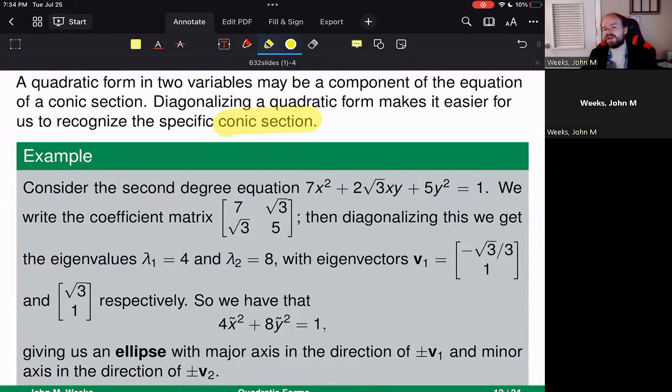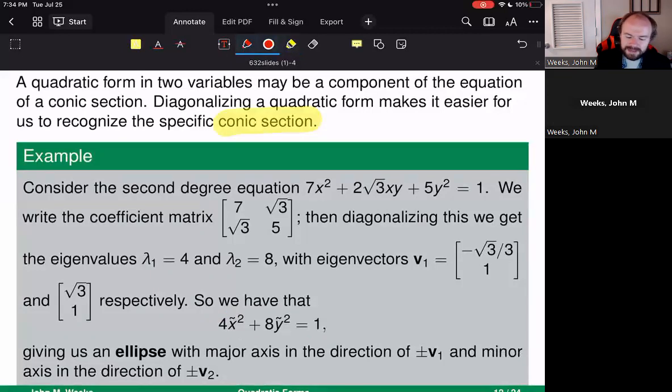Let's consider the second degree equation, 7x squared plus 2 square root of 3 xy plus 5y squared, which is equal to 1. We're setting that quadratic form equal to 1. Let's get its coefficient matrix, find its eigenvalues and eigenvectors, and put them all together. Then we get an equation that looks like this.